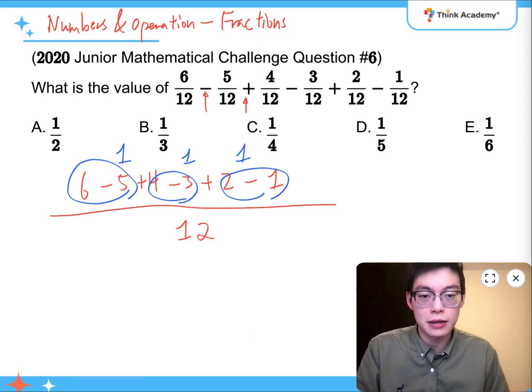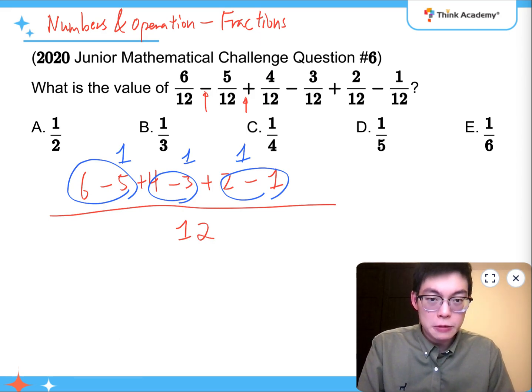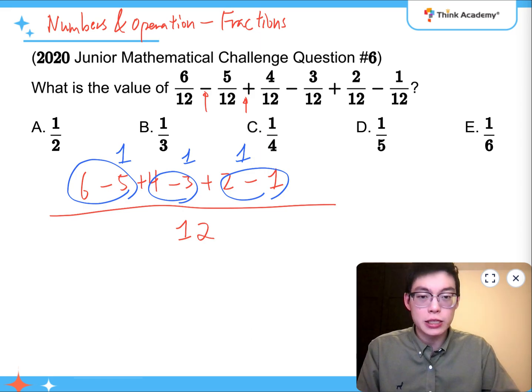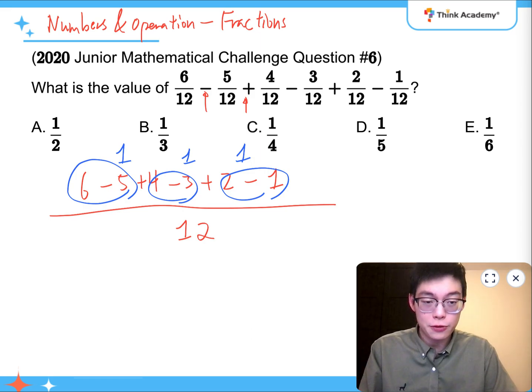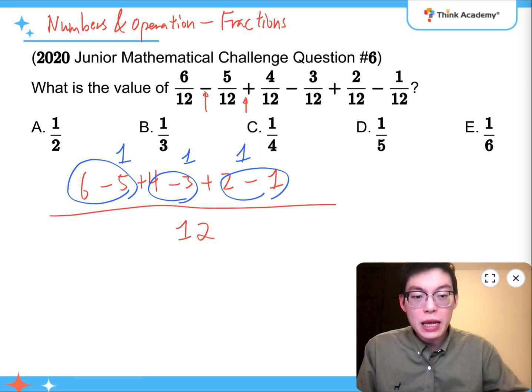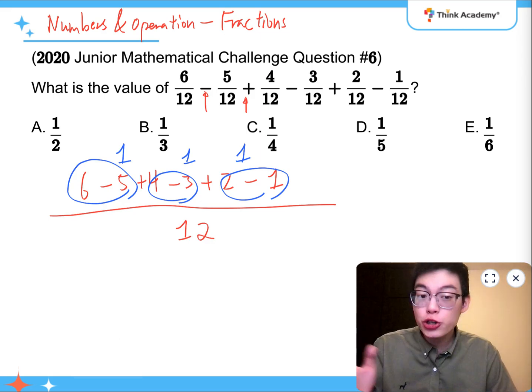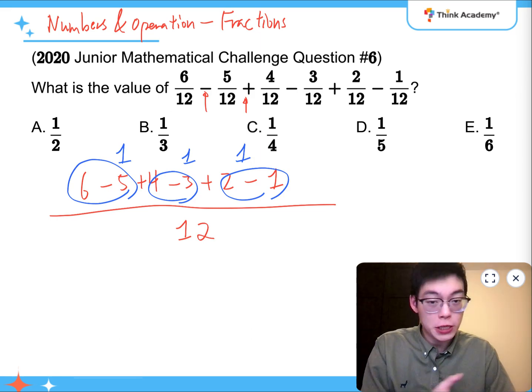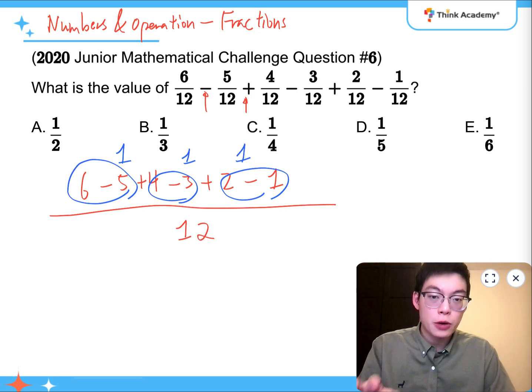the same answer, okay? And the reason why we can do that is because addition and subtraction are of the same level. And that's the reason why we usually do it in the normal order. But in this specific case, we can see that each previous number is 1 bigger than the number that I'm subtracting.